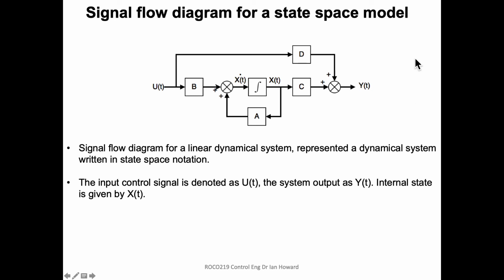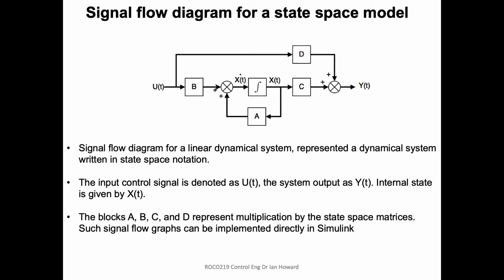Basically, this is just a signal flow depiction. In comes the input multiplied by the B. Obviously, then we estimate the x dot, and we can integrate it to get the full state x. And then we combine the input and the state estimate in order to get the output.